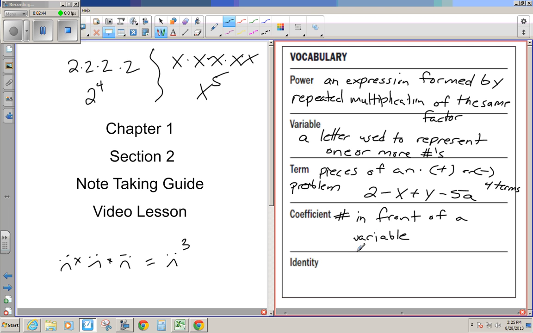Identity. Basically, an identity is when the left and right part of an equation are equal.